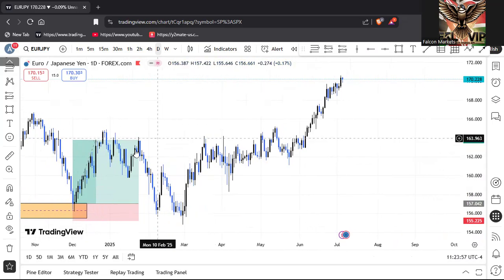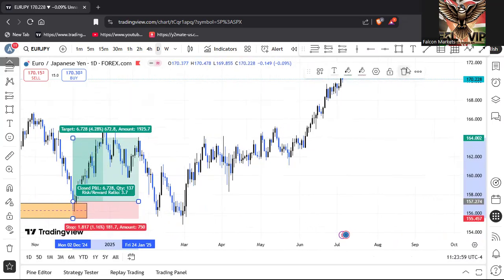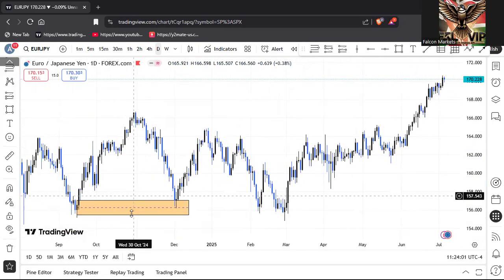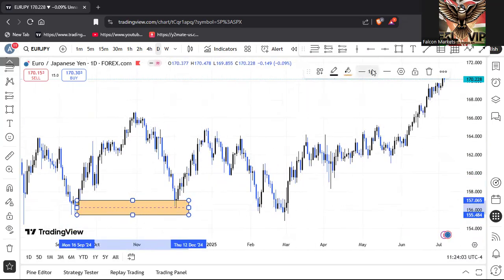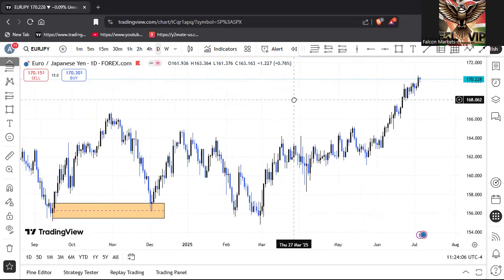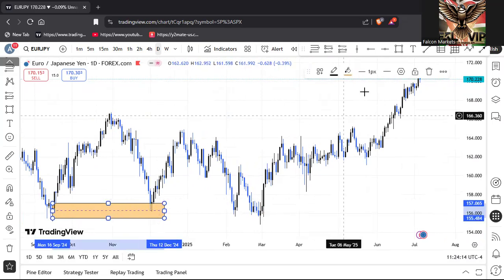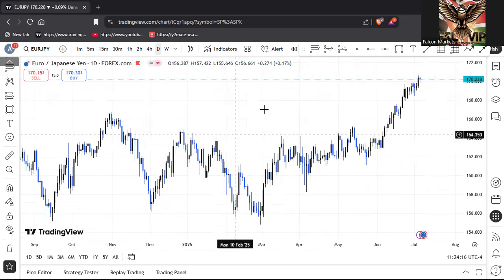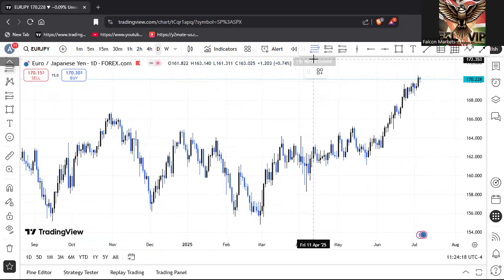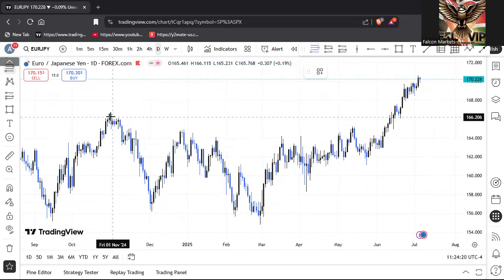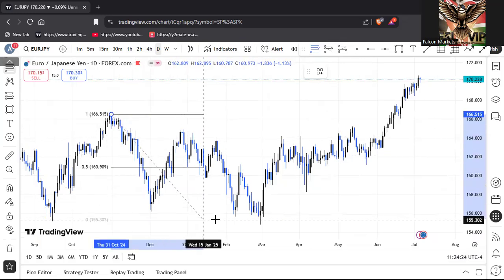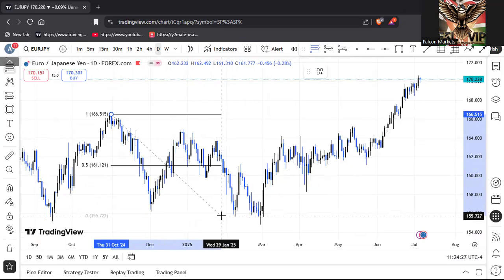So the next point is how do we map premium and discount on the charts? For us to have premium and discount, this is our fib retracement. We carry this fib from this point to this point.